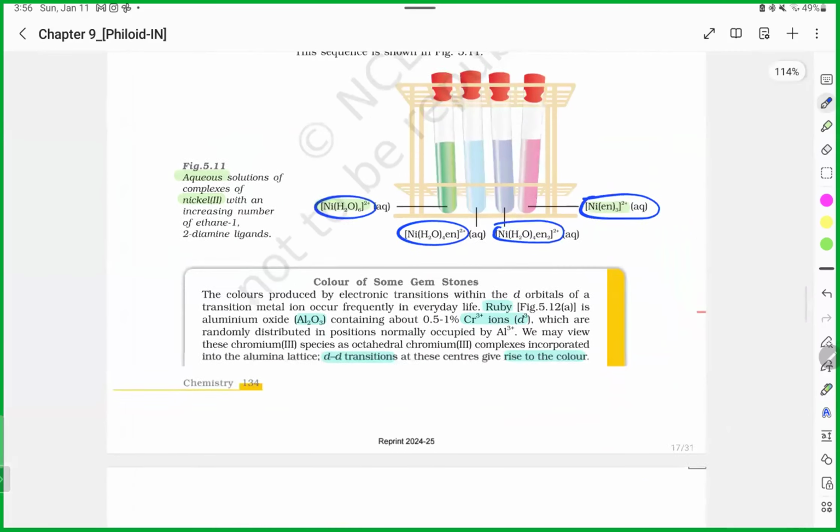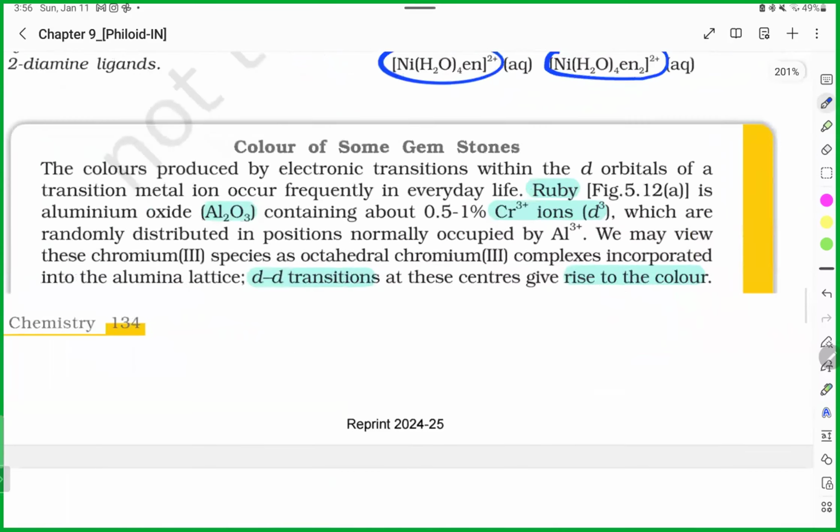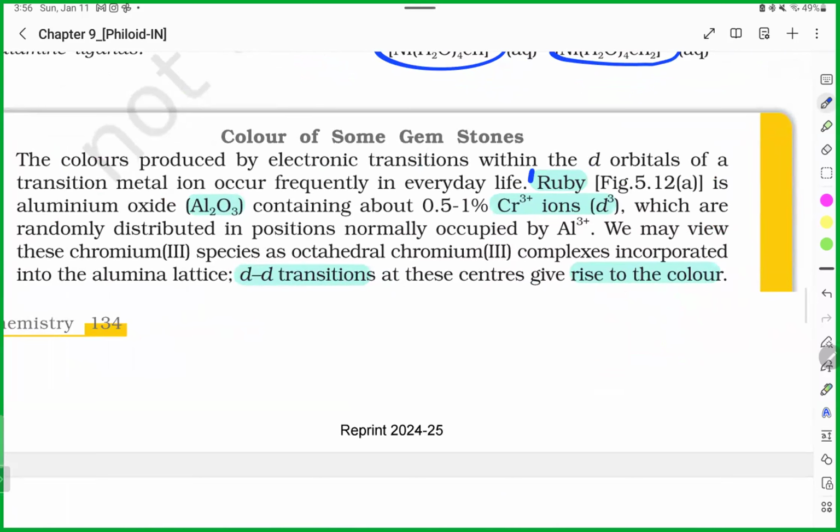Okay, next, color of the gem. For example, if you take ruby, ruby is mainly made up of aluminum oxide. But this ruby also contains a very small percentage of chromium, hardly 0.5 to 1%.